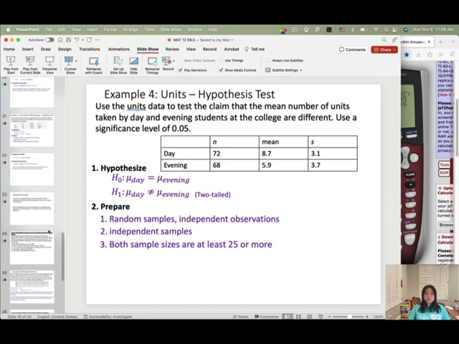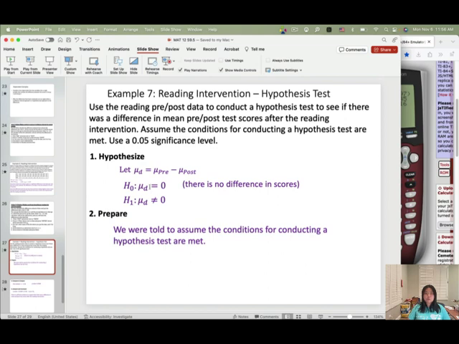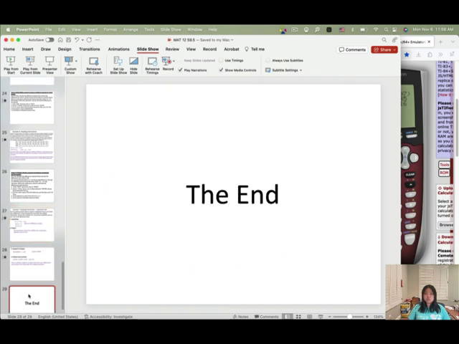But for the dependent sample, we need to find the difference. So for the confidence interval, we only say the mean of the difference. For hypothesis testing, we'll be using the mean of the difference equal to 0, or strictly greater than, less than, or not equal to 0. That's it.